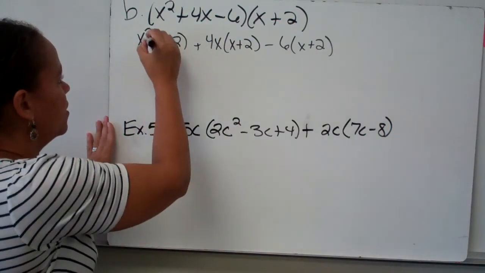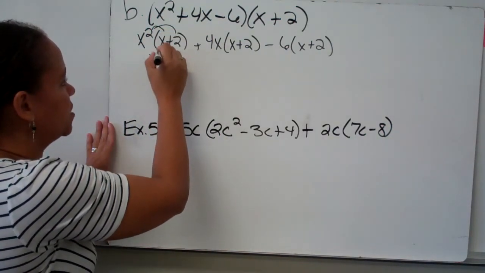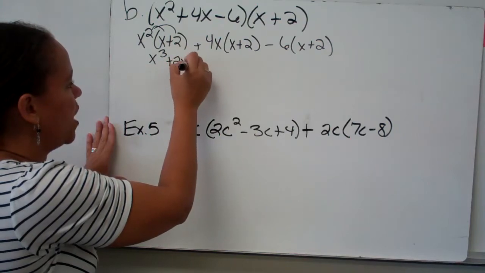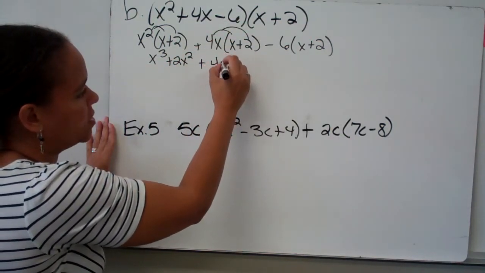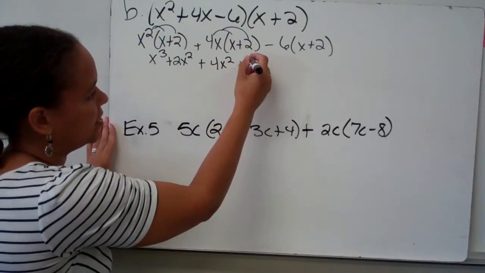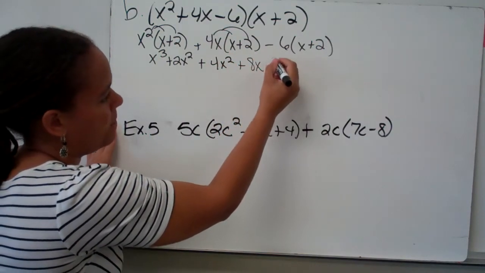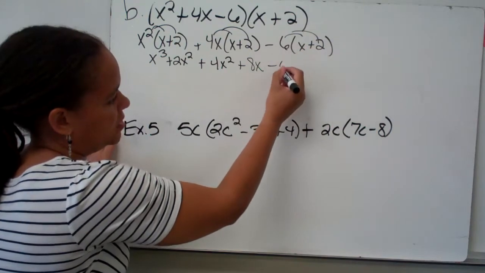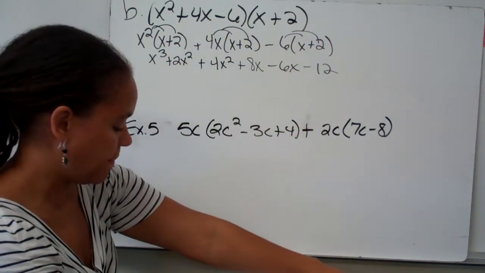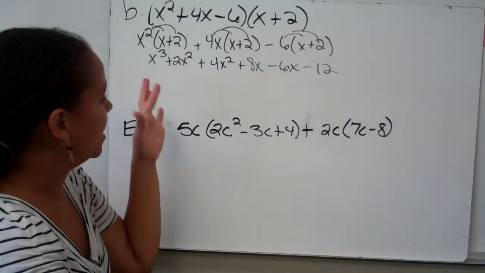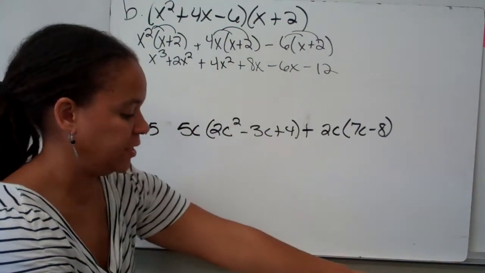All right, let's simplify here. We have to use our distributive, so x cubed plus 2x squared plus 4x squared plus 8x minus 6x minus 12. All right, now let's combine our like terms, and let's take each one and write it as our final answer.